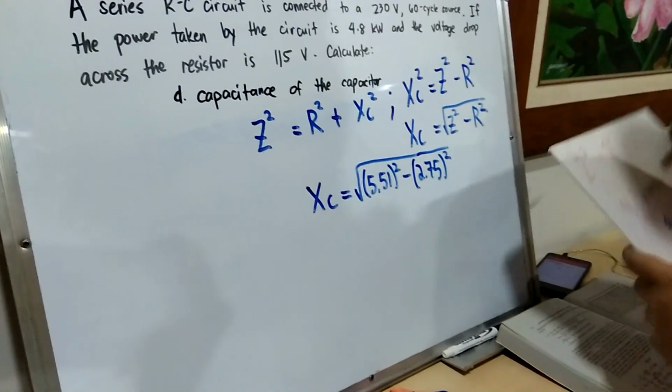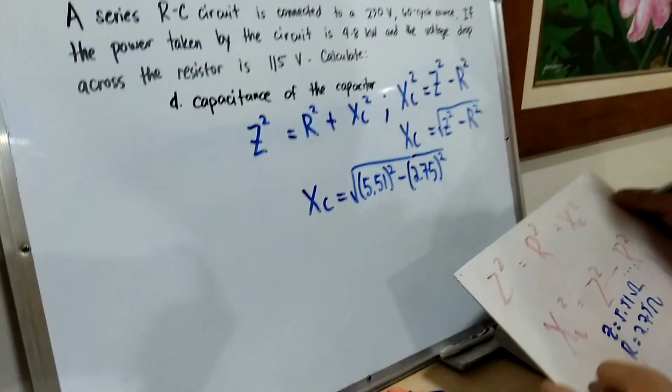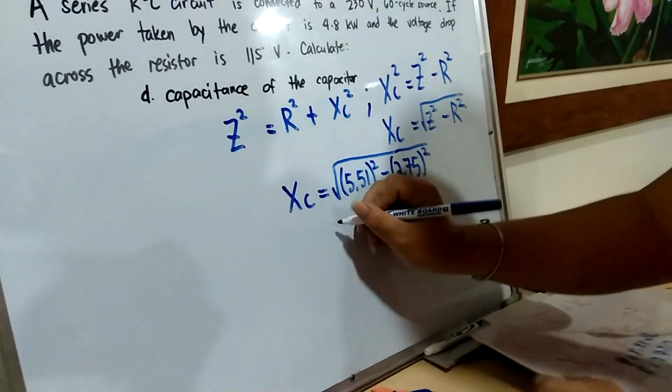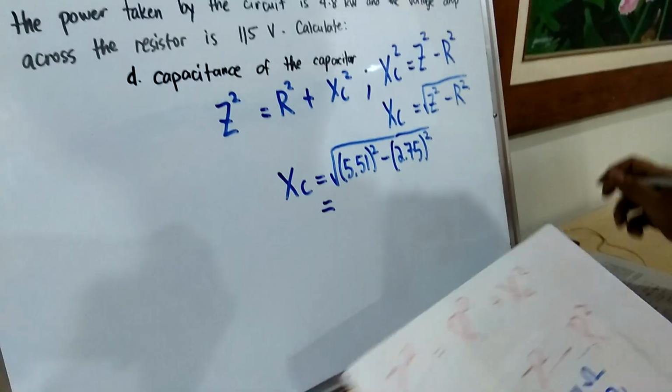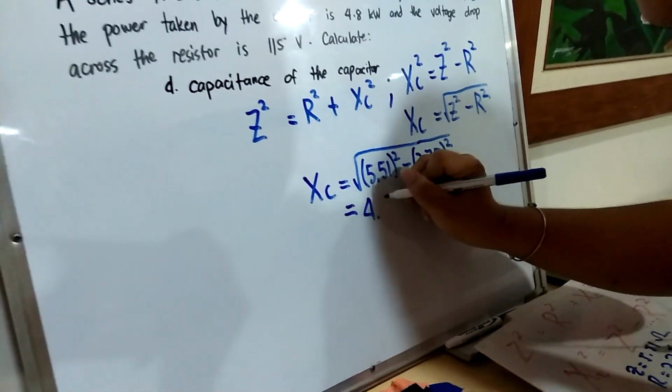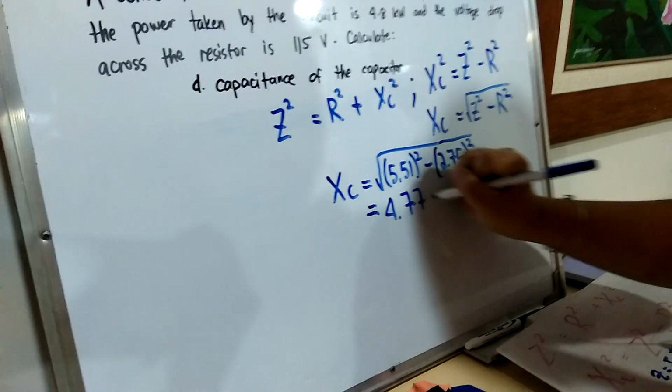By inputting these values in the calculator, we get that the value of X sub C is 4.77 ohms.